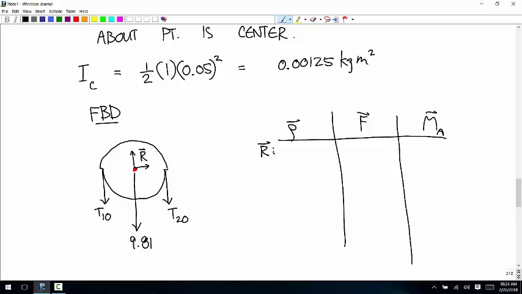Our vector has a rho of 0. Let's just do it as 2D. The force vector is Rx, Ry, and the cross product is 0.